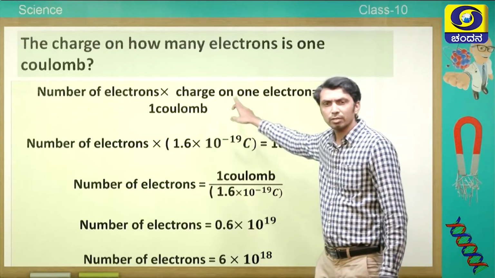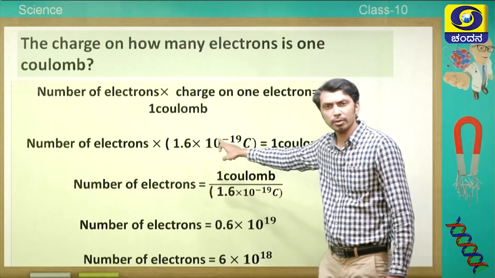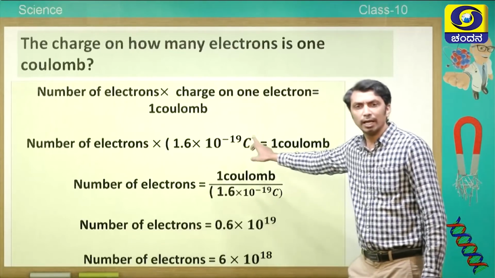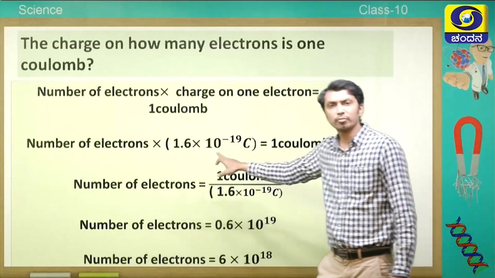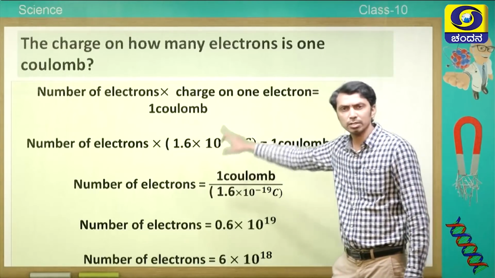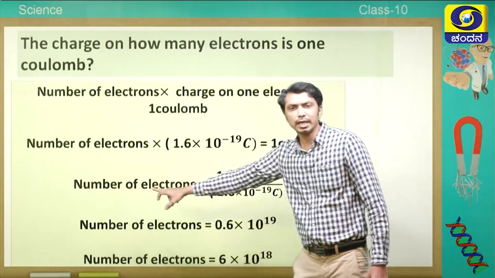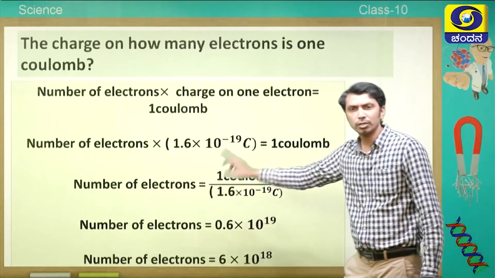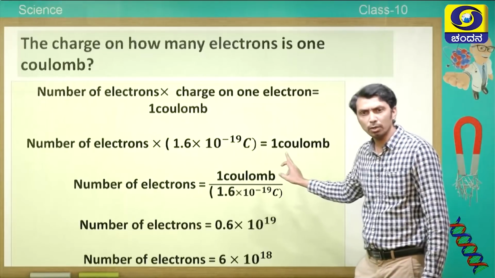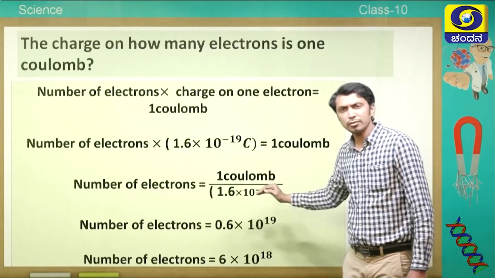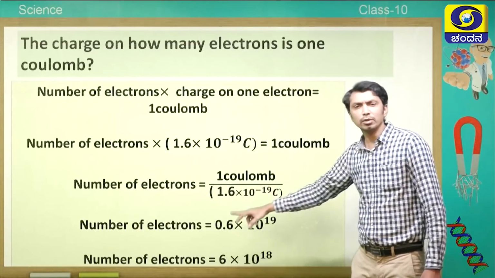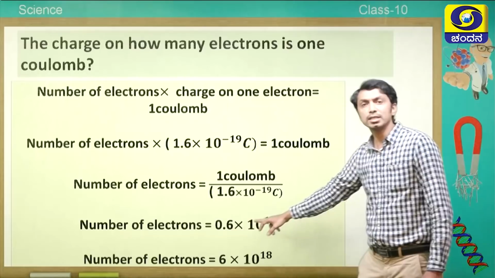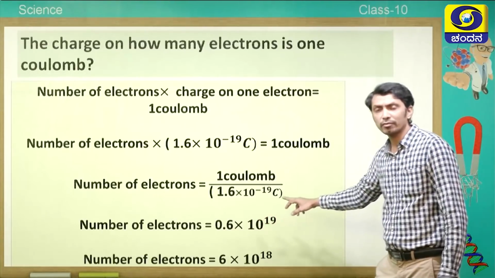We know that the charge on one electron is 1.6 × 10^-19 coulomb. Now if we put the value 1.6 × 10^-19 coulomb in place of the charge on one electron, then we can calculate the number of electrons which will make the charge equal to 1 coulomb. As you can see, if we transpose it, it will go to the denominator and we will get the number of electrons equal to 0.6 × 10^19.